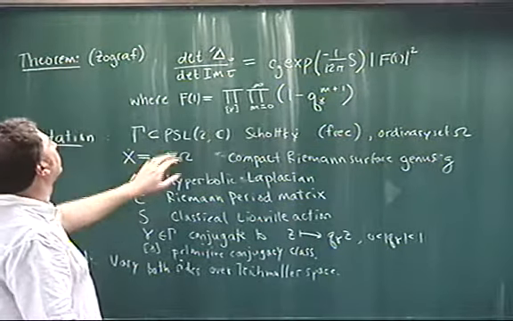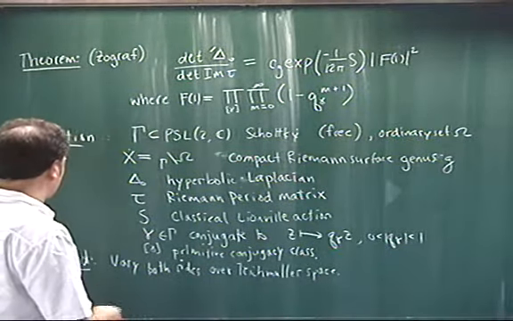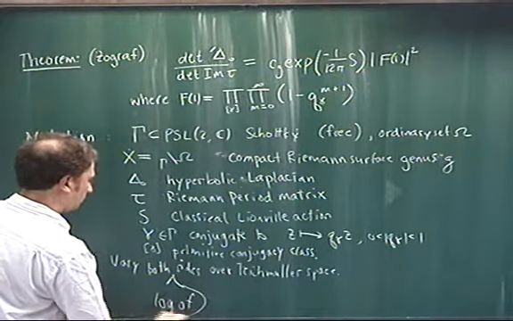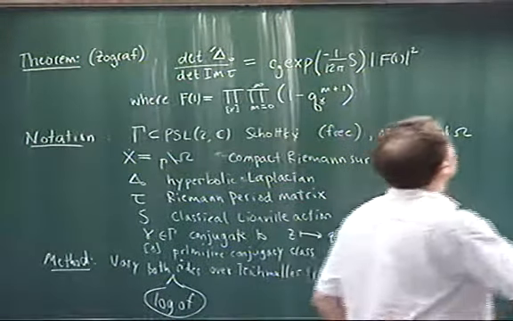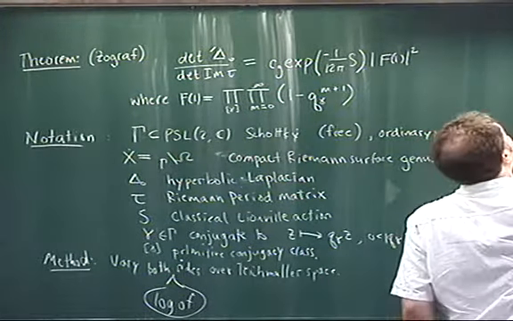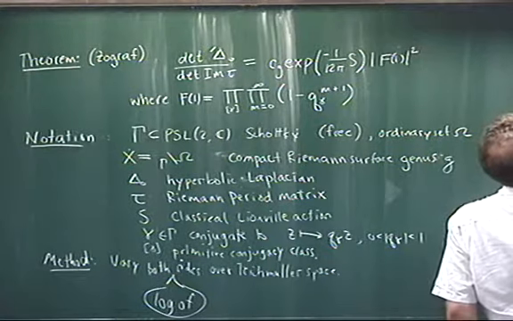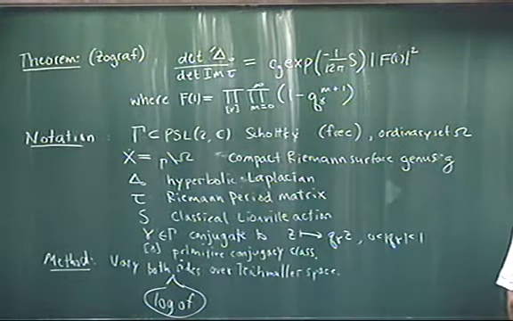And of course, it makes sense that we want to take the logarithm of both sides of this. So what I'm looking for is the derivative with respect to mu of log det Delta 0.